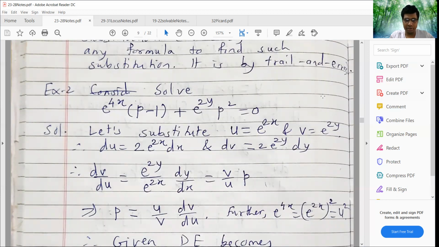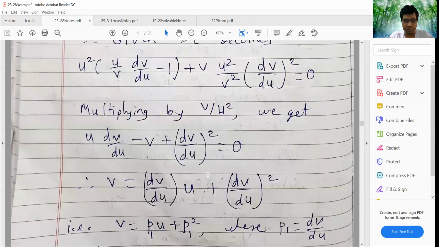Here is also another example where you can have a substitution which converts the given differential equation to Clairaut's form. All these examples should be studied carefully.